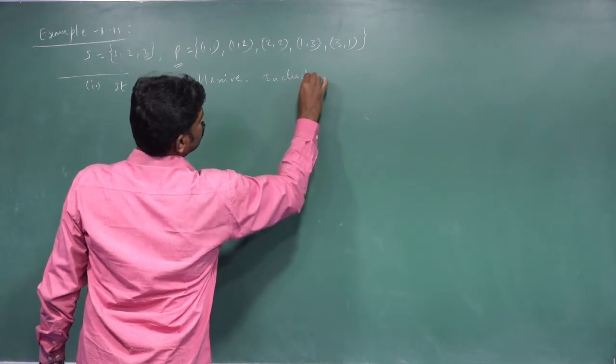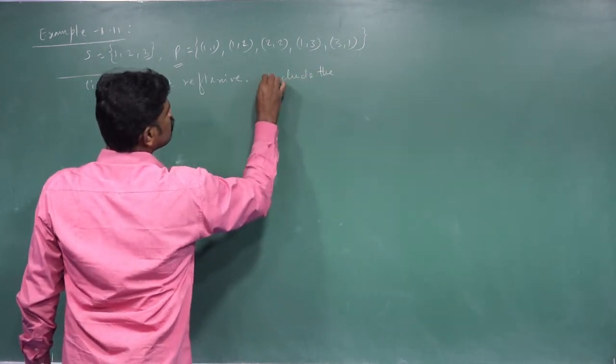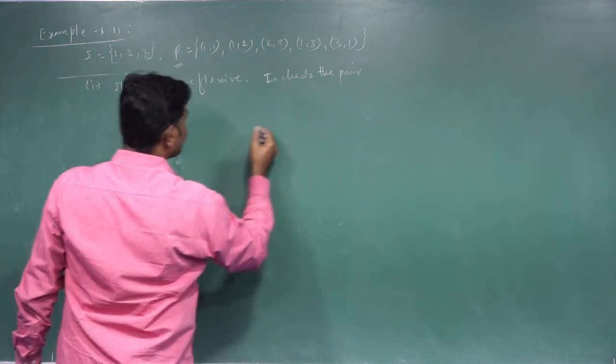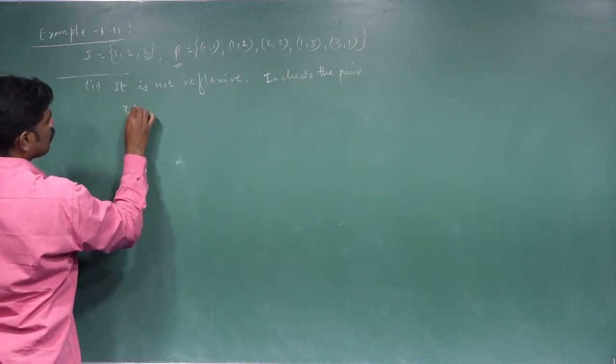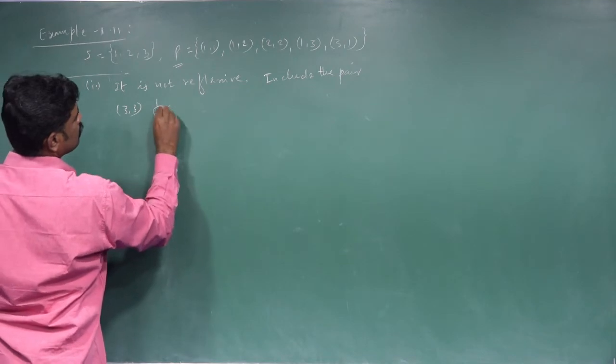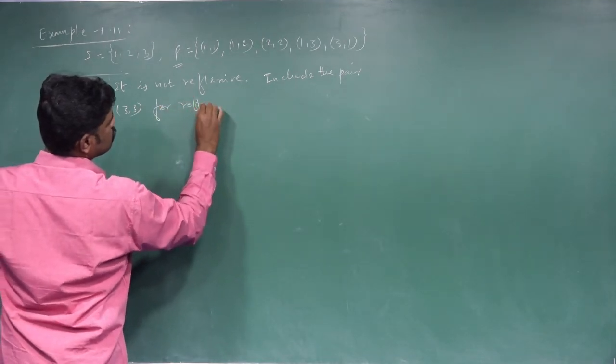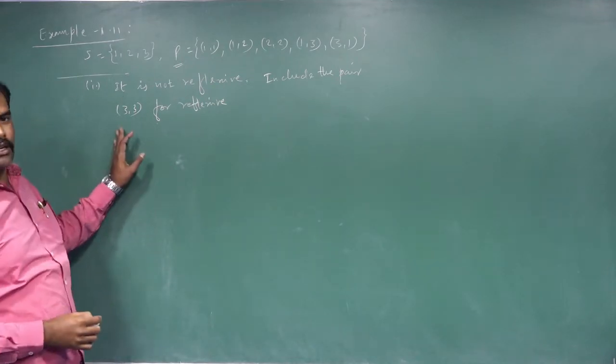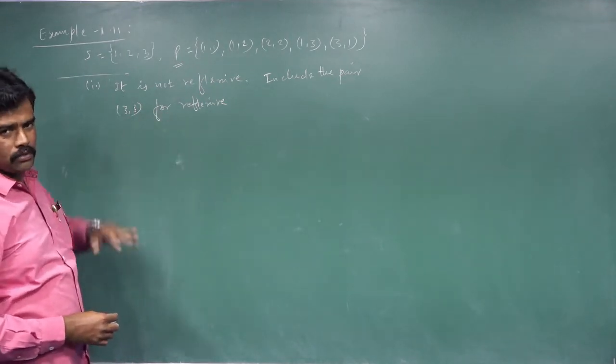Include the pair (3, 3) for reflexive. If you include this pair, it becomes reflexive.